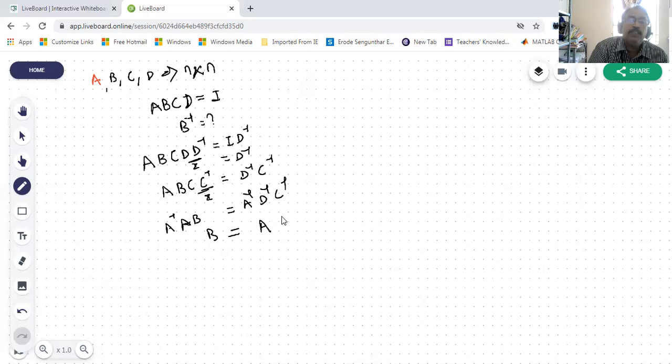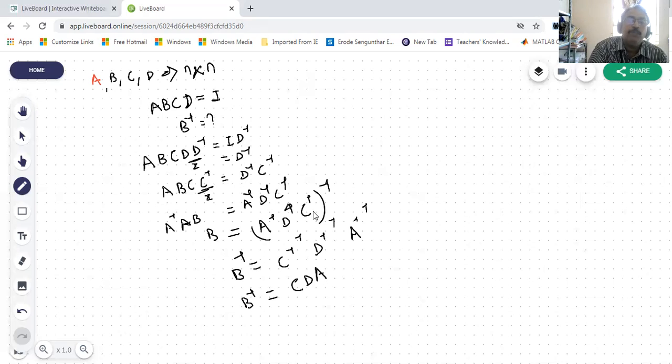B inverse is A inverse D inverse C inverse, whole inverse. Then we can write C inverse inverse, D inverse inverse, and A inverse inverse. So that is B inverse. B inverse is equal to C D A.